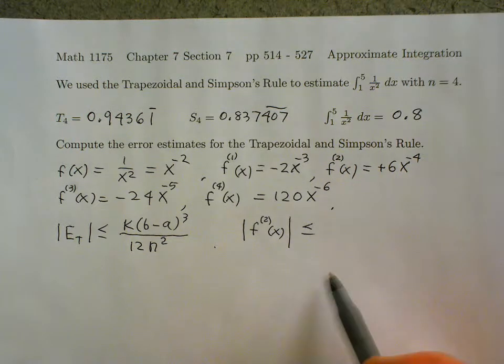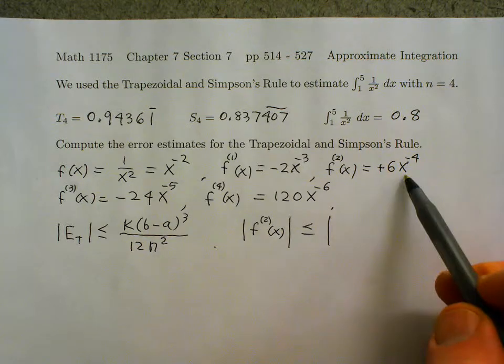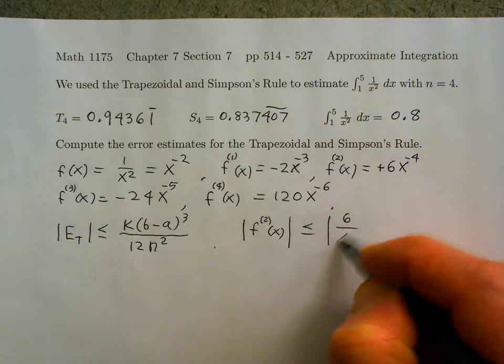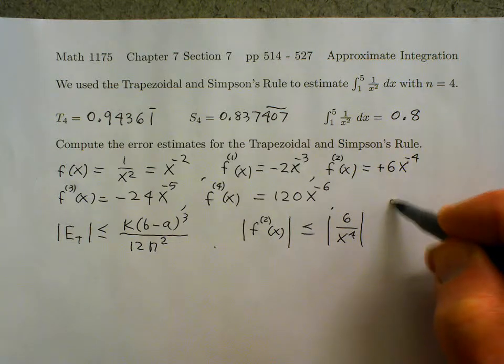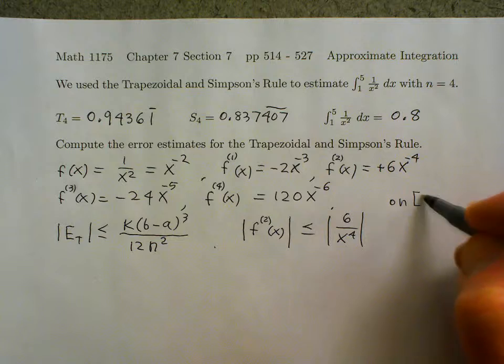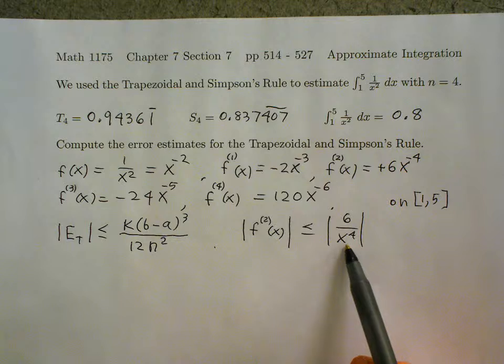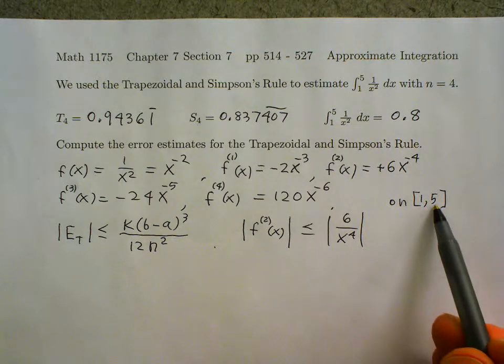Well, the second derivative is 6 times x to the negative 4, or 6 over x to the 4th. And on the interval from 1 to 5, the largest that this could be is when x is 1. The smallest it can be is when x is 5.